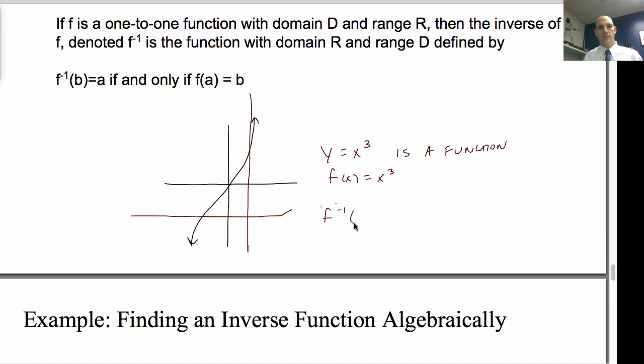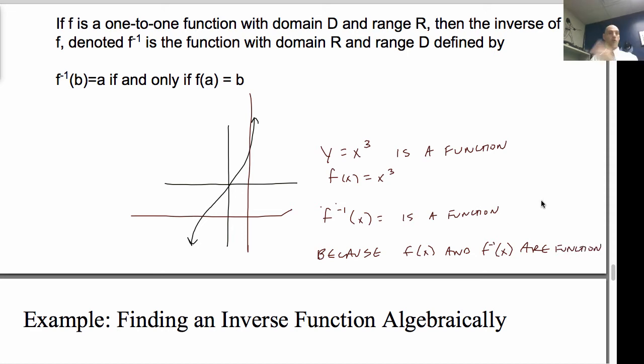So this means that f inverse of x, so the inverse, is a function. Because f of x and f inverse of x are functions, meaning it passes the vertical and horizontal line test, then f of x is one-to-one. It's called a one-to-one function, meaning everything in the domain maps to the range, and everything in the range maps back to the domain in the inverse.